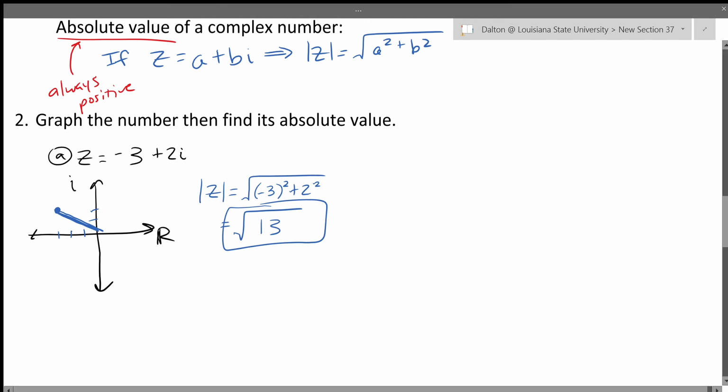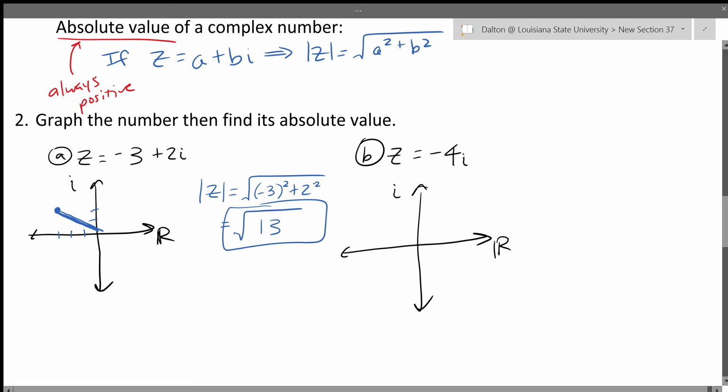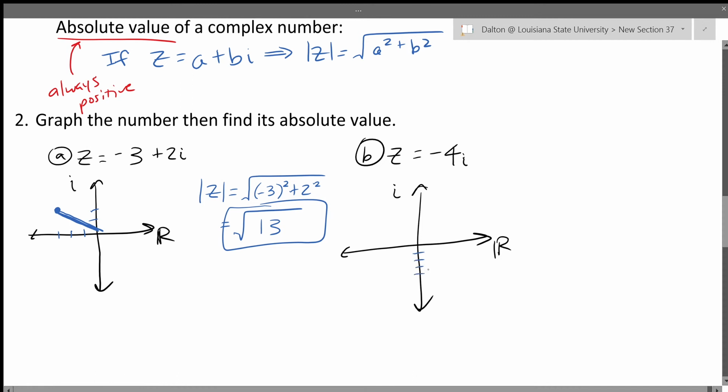Let's do another one like this. Another complex number z, this time, is going to equal -4i. So where would this number be? Since there's no real component, we don't go left or right. Just go down 4 on the imaginary axis.